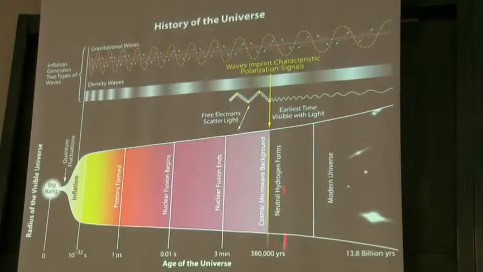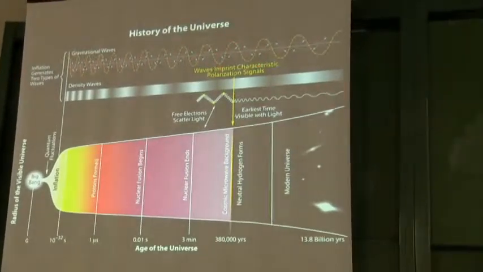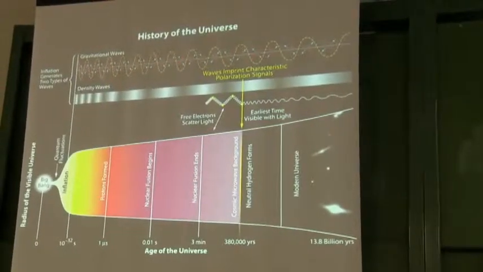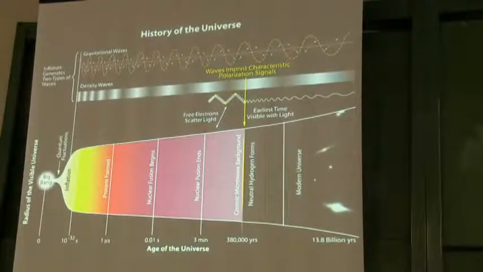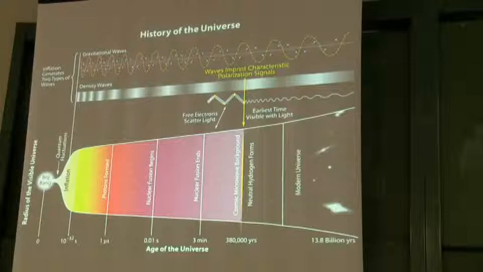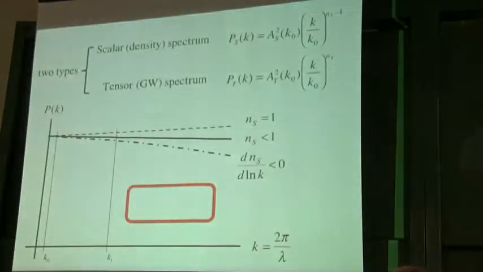The density waves can be observed and have been observed in the CMB. The gravitational waves have not yet been observed. Fortunately, this picture is very different from this one because it's in ordinary time. We have to stretch this to conformal time, and then, in terms of the scale factor, to be able to see such a map as I was describing in the first lecture.